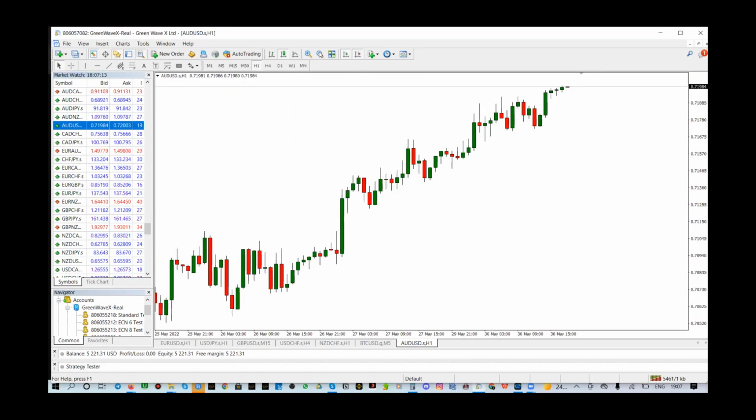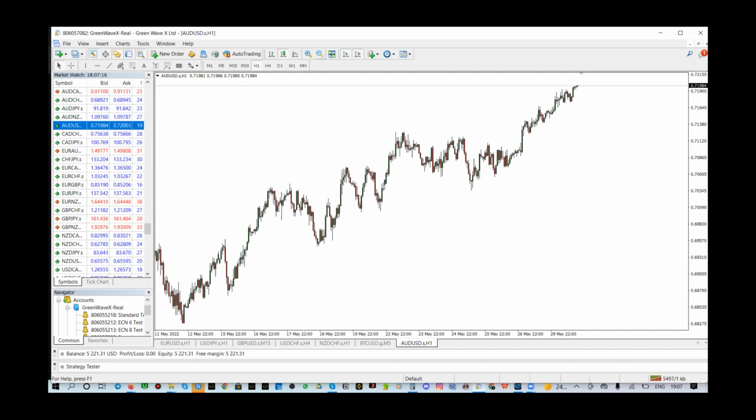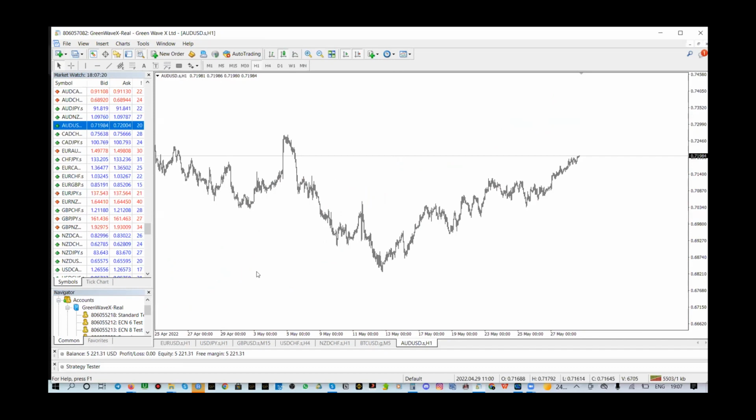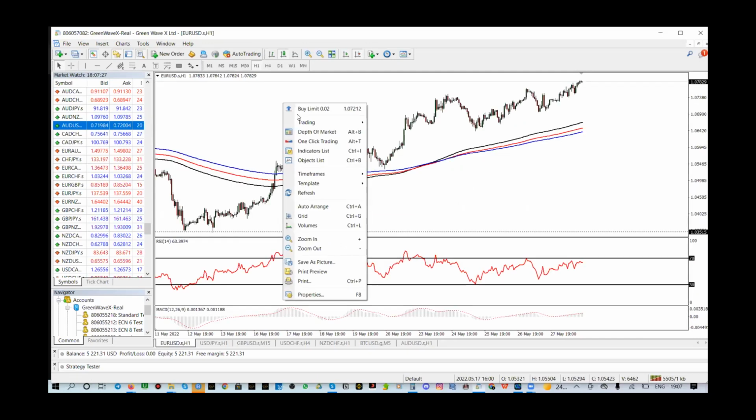So you have to trade many instruments. It allows you to trade many instruments because it doesn't rely on a particular currency pair. It might give you 1 or 2 trades in 1 month on a currency pair. So that means you need to get like 10, 15 currency pairs to trade so that you can get more trades. So let me save this as my default.